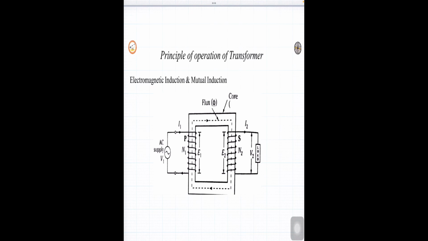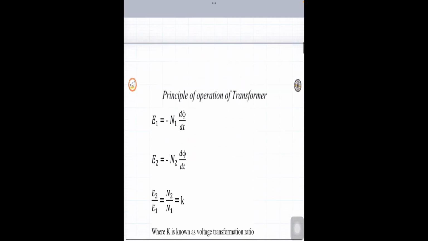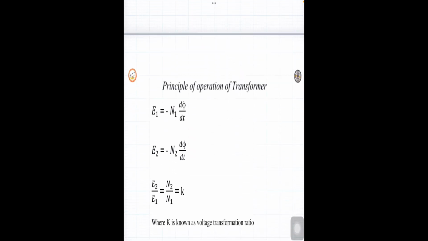Now the induced EMFs E1 and E2 are as per Faraday's laws of electromagnetic induction, and we can represent them as E1 is equal to minus N1 into d phi by dt, and E2 is equal to minus N2 into d phi by dt, where N1 and N2 are the number of turns on the primary and the secondary respectively.